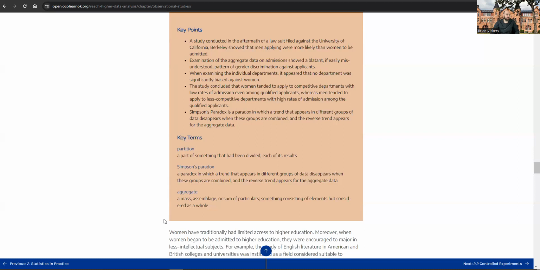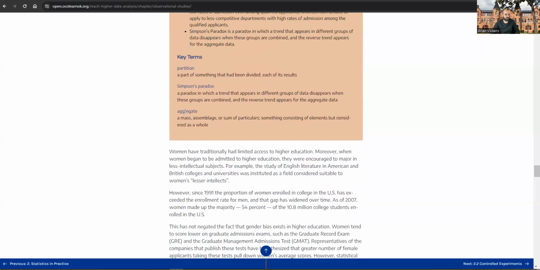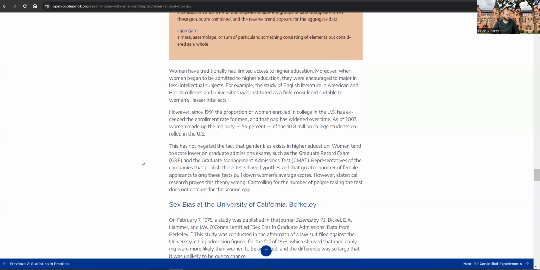Aggregating just means that you are taking some elements, but you're considering it a whole. If you were looking at sales data in your retail store, you could look at the data of every single SKU of every item you sell, but when you aggregate it, it would just be sales, right? So that's a real brief explanation or example of aggregate data.